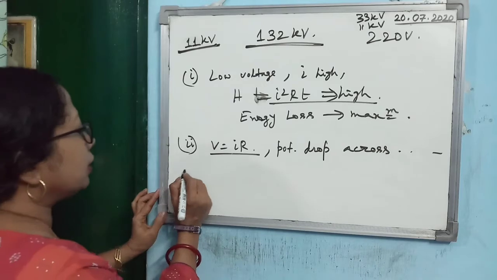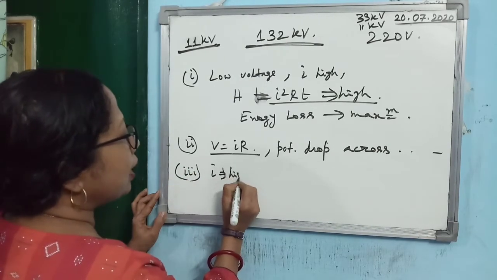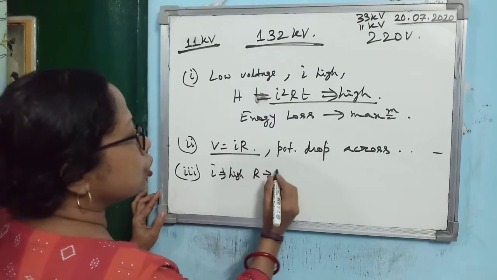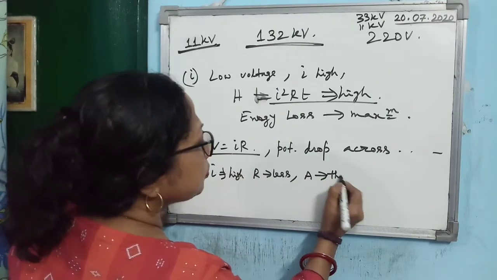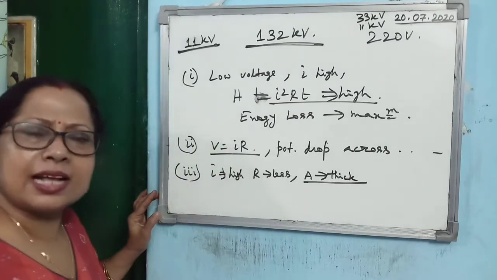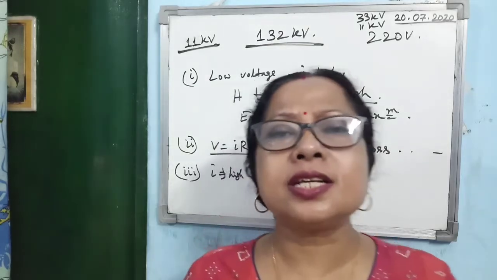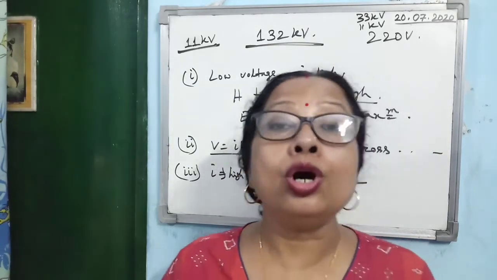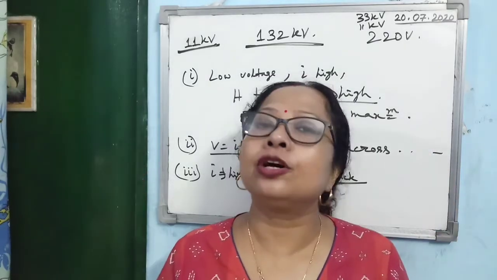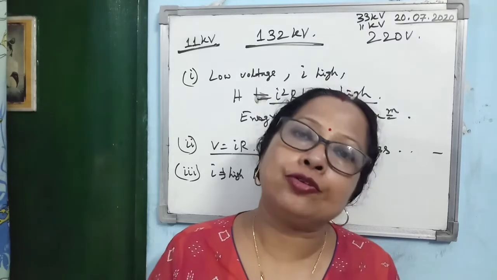Then the third one: if current is high, resistance should be less. Resistance less means what? The transmitting cable has to be thick. Thick means that for long distance transmission, the weight of the cable will be very high. So to support the weight of the cable, you need to construct more electric poles.